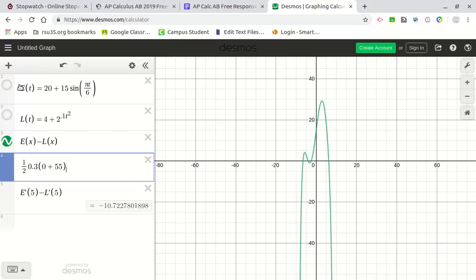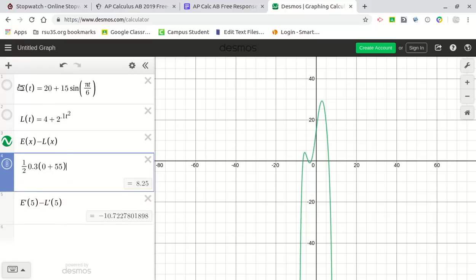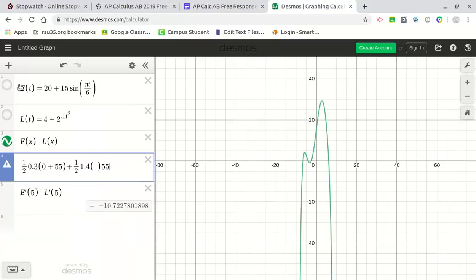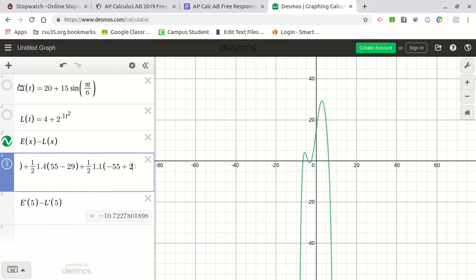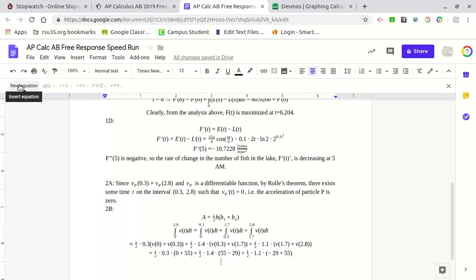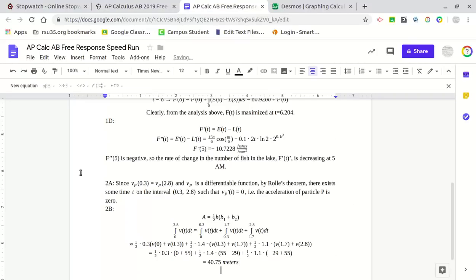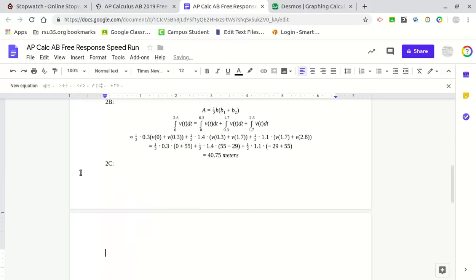Hopefully I don't make a typo. Okay, so that is 40.75 meters. Yes. Okay, so we're done with that part.